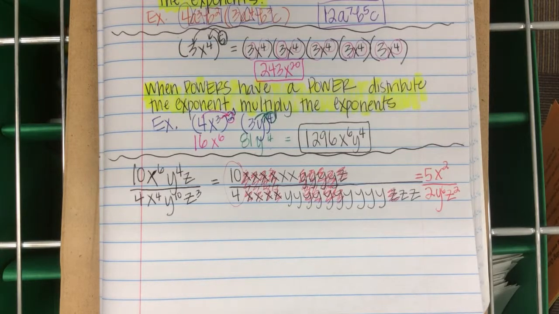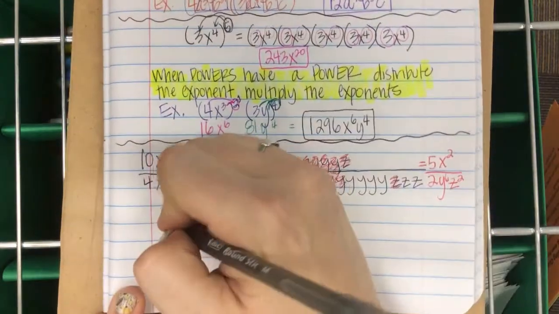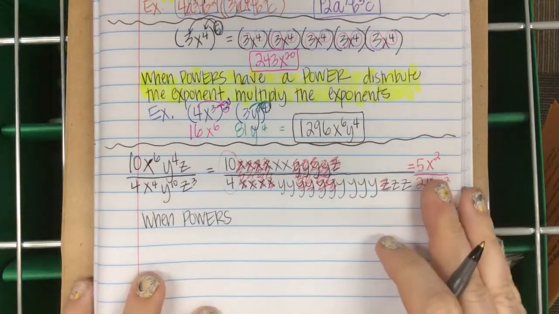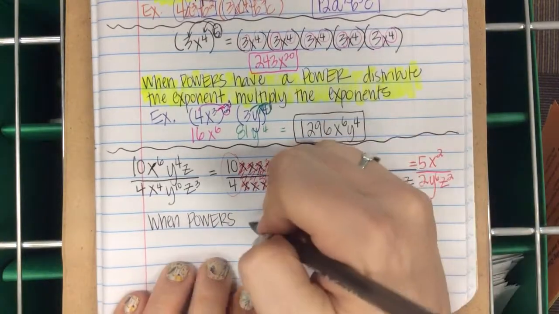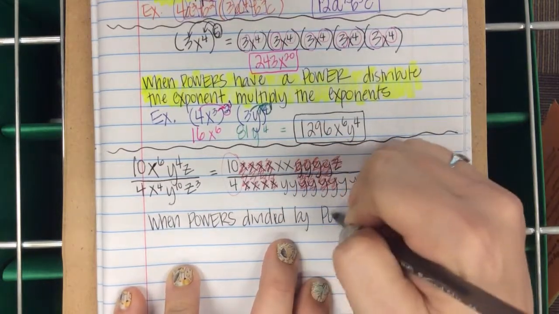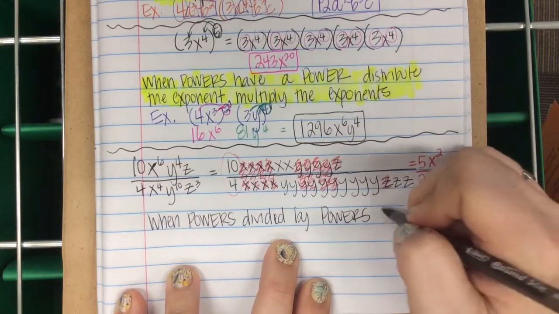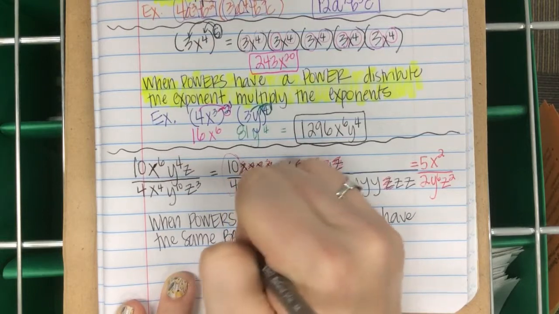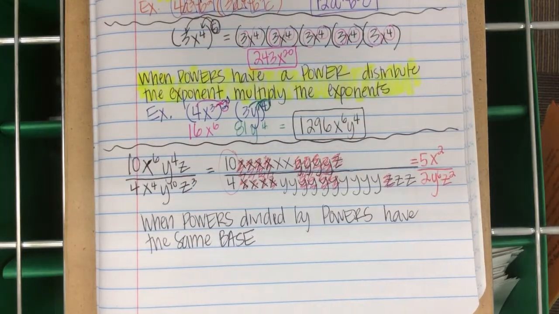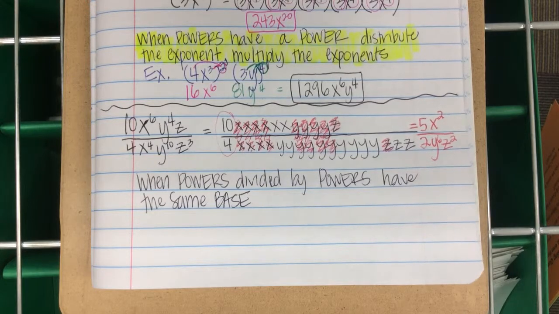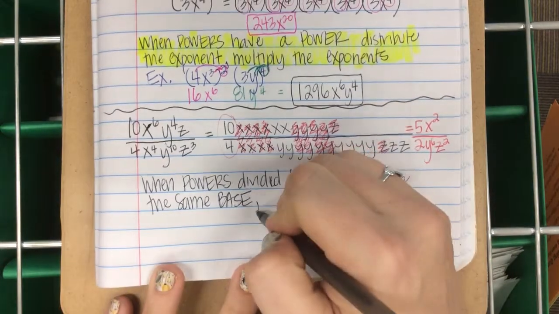So, when powers divided by powers have the same base, what do you do?